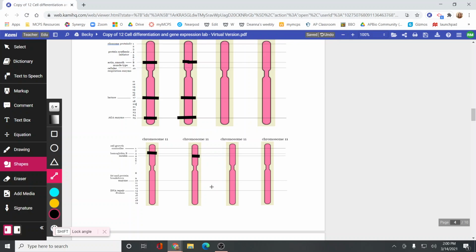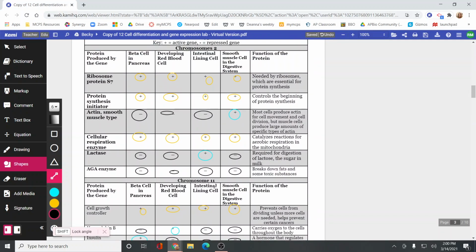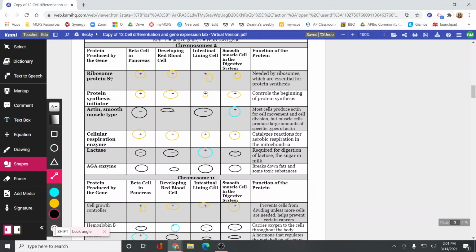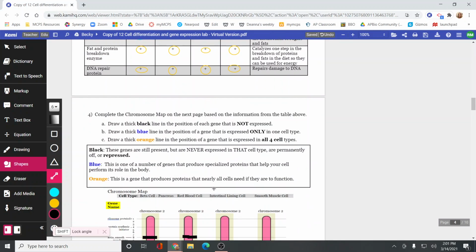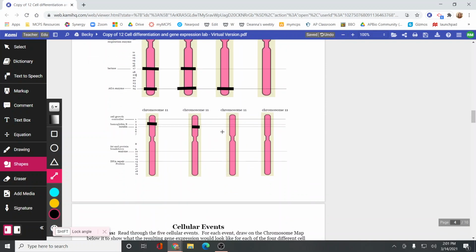Okay. Then I'm going to come up here, and actin and AGA are off, and then hemoglobin and insulin. So actin, AGA, hemoglobin, and insulin.